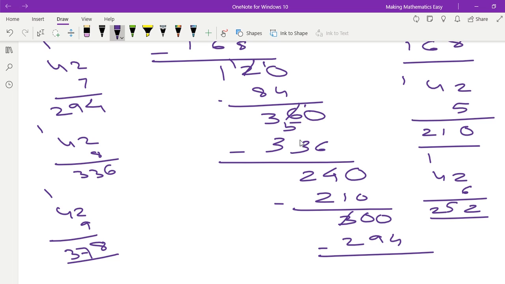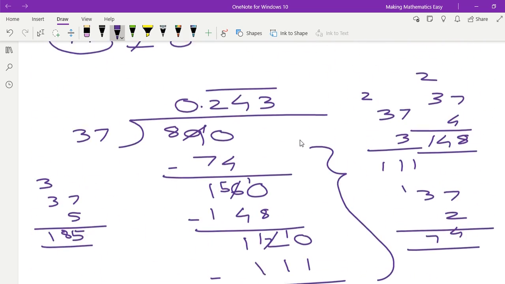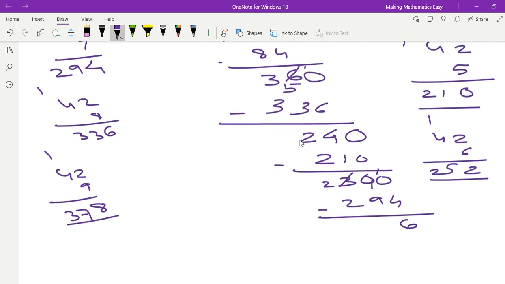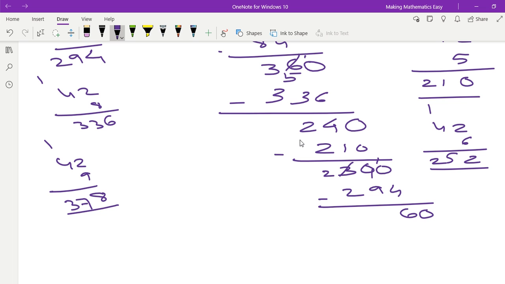So we need to borrow 1 from here, so this will become 2, this will become 10, again this will get cancelled, so this will become 9, and this will become 10. So 10 minus 4 is 6, 9 minus 9 is 0, 2 minus 2 is 0. 6, so we can take 0 again over here.